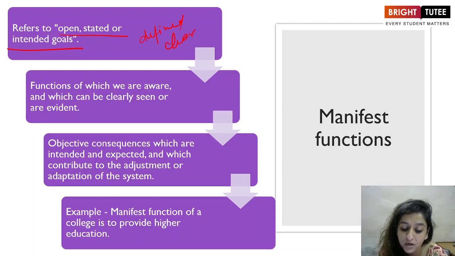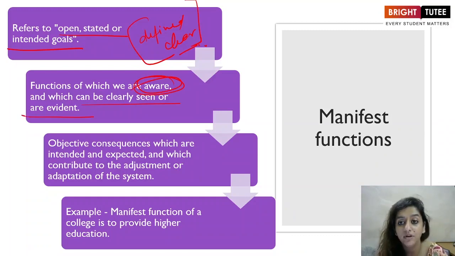These are defined goals which are made clear to you, functions of which we are aware and which can be clearly seen and are evident. So certain functions that we are very well aware of, and which are very evident in our actions and our behavior, are what is known as the manifest functions.